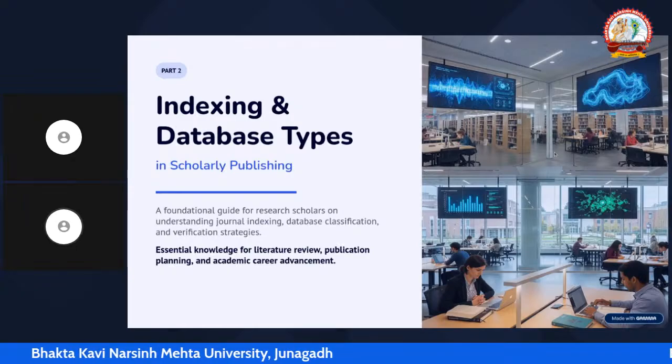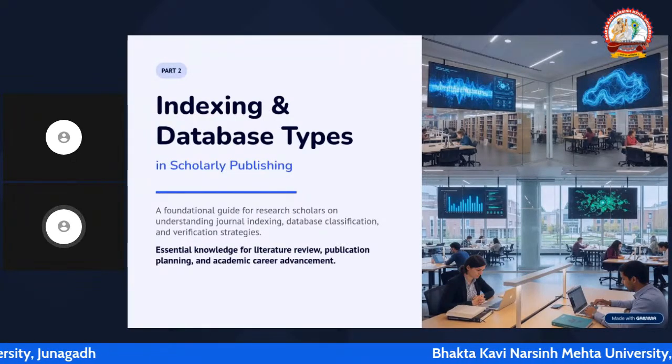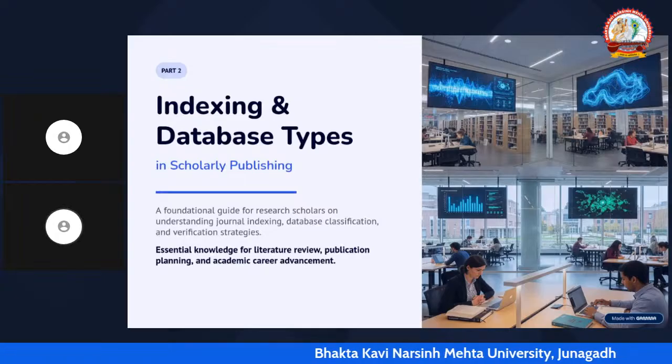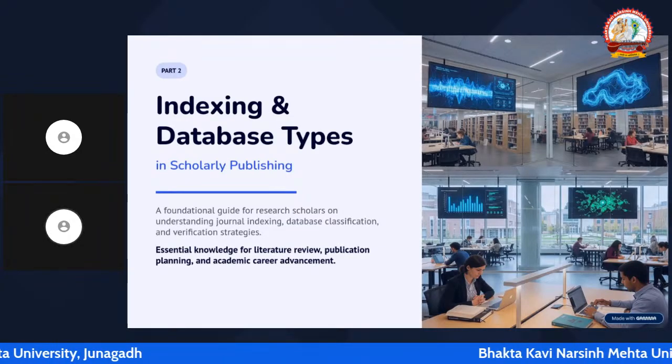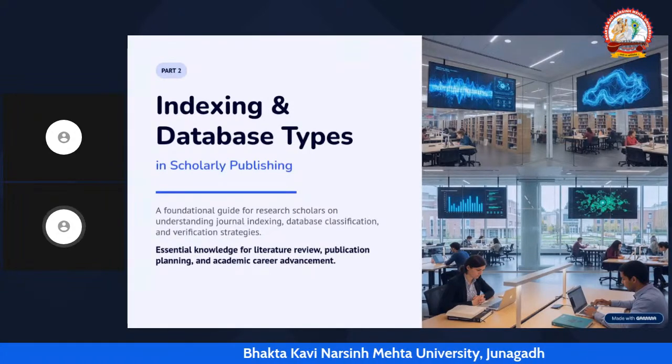Now after database, we have measured indexing and database type. Which kinds of indexing are available, and why is indexing important? We can say research quality assessment and scholar visibility.